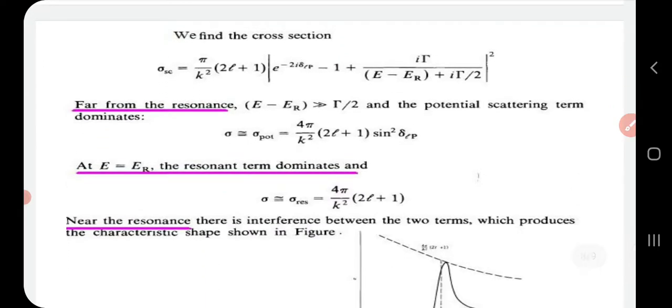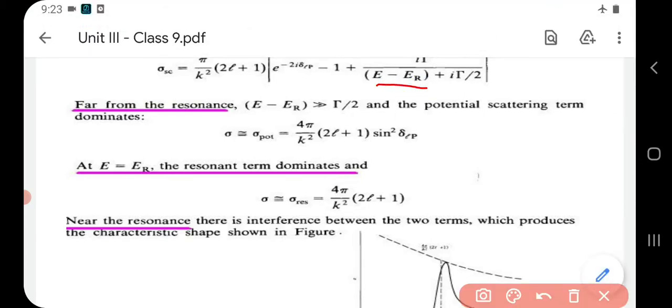Now this is the expression that we have already written for the cross section, that you can write. Then for regions far from the resonance, this particular term will be very much large compared to gamma by 2, and the potential scattering term will be given by this expression.